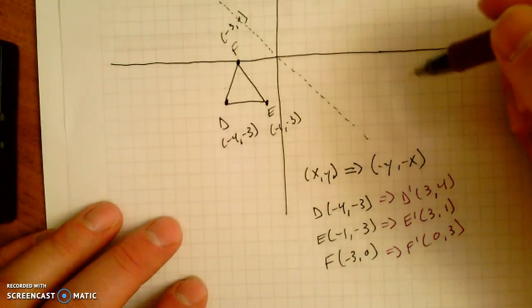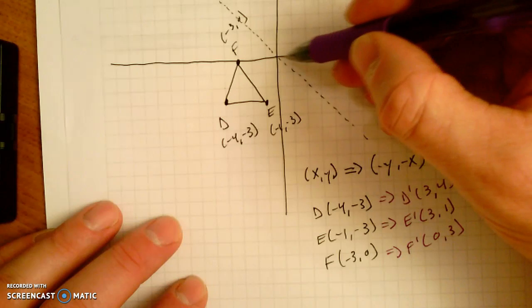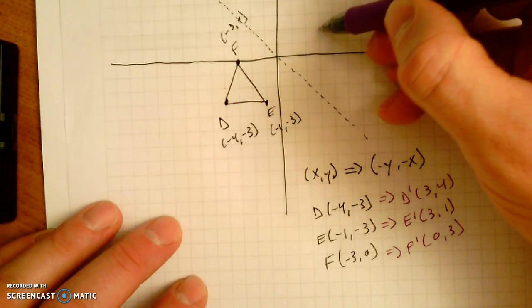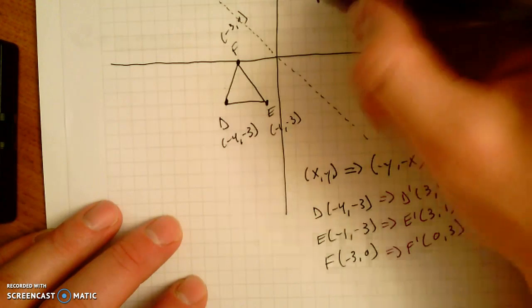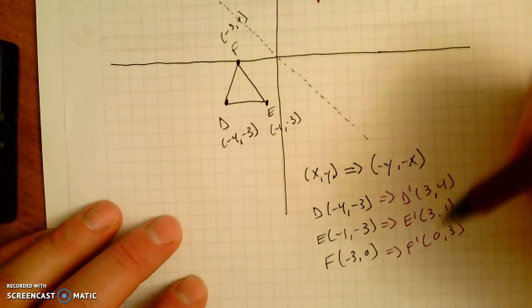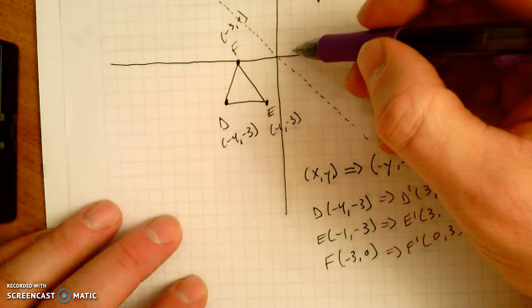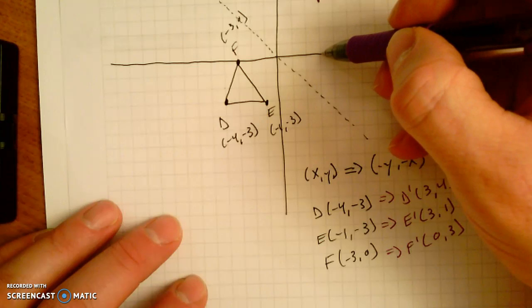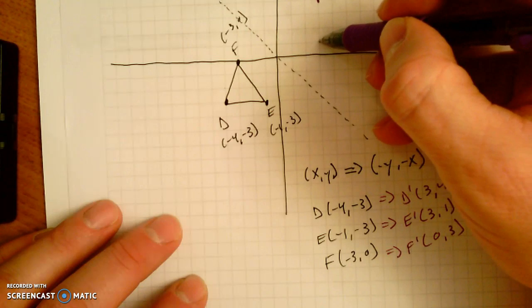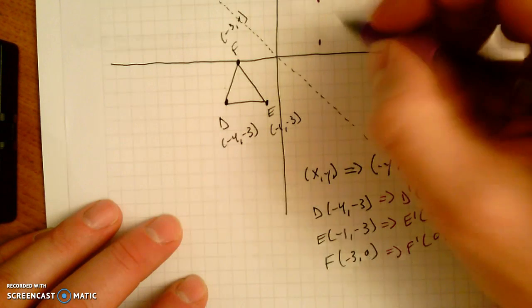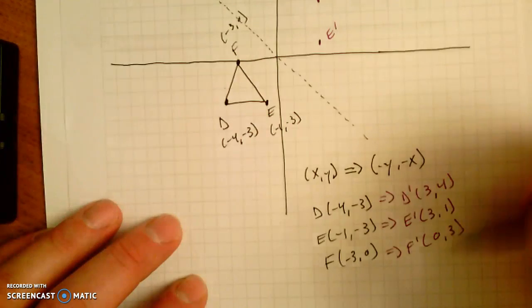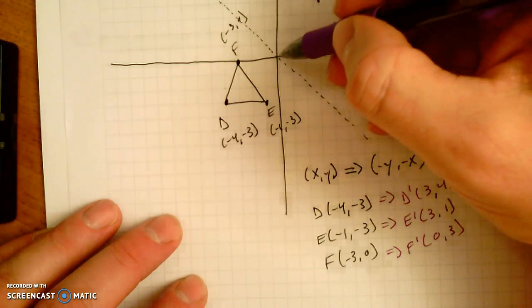So D prime is 3, 4. E prime is 3, 1. And F prime is 0, 3.